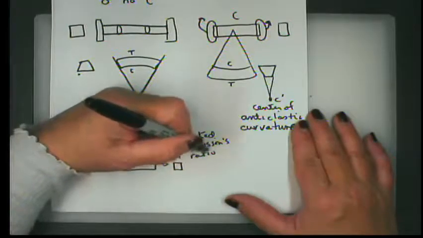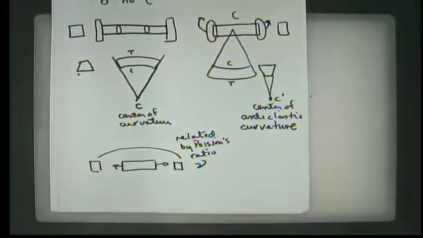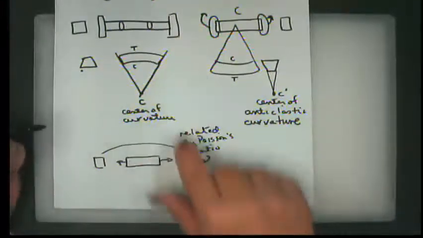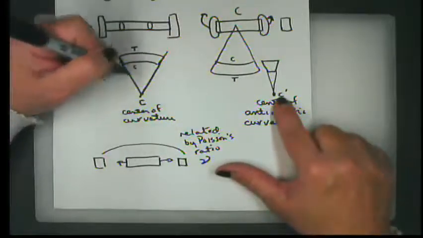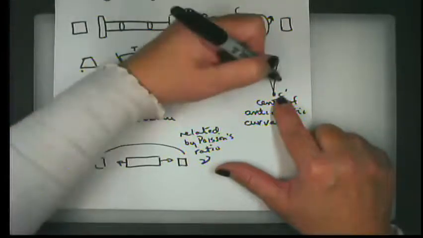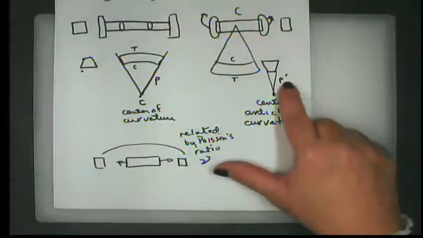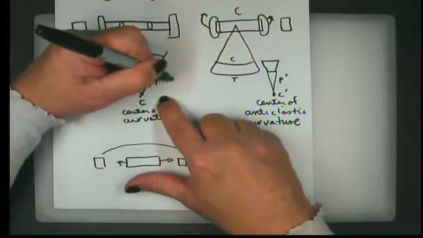And if you remember, Poisson's ratio is designated with the Greek letter nu. All right. Well, it turns out that if this radius is referred to as rho, remember this is referred to as rho prime, and this is called the radius of curvature.